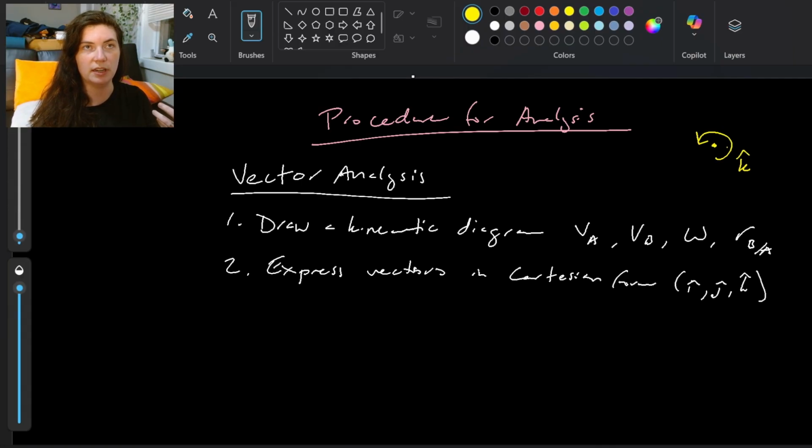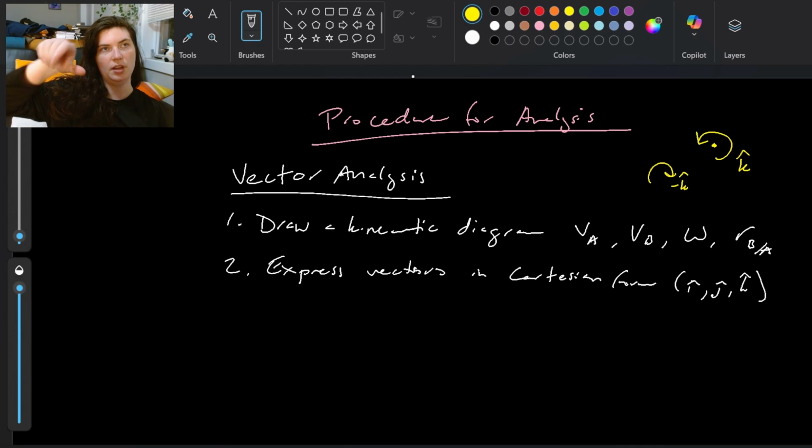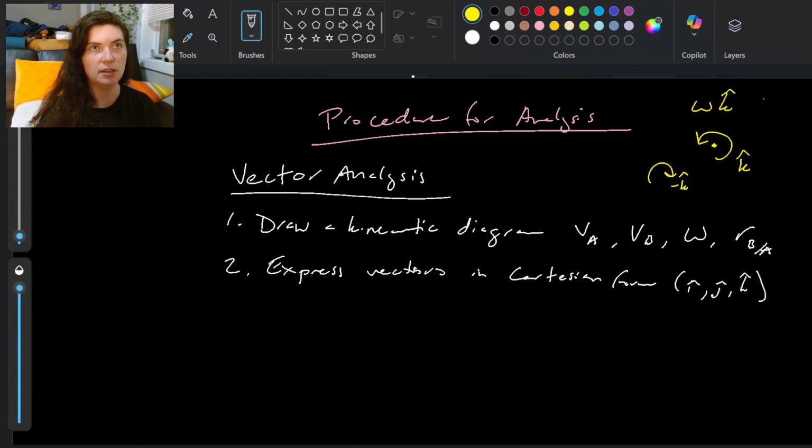If we came around this way, this would be our negative k hat direction, because when I curl my fingers in the direction of that clockwise motion, my thumb points into the screen. So our omega, our angular velocity, is always going to be some kind of k hat. It's just a matter of whether it's positive or negative.